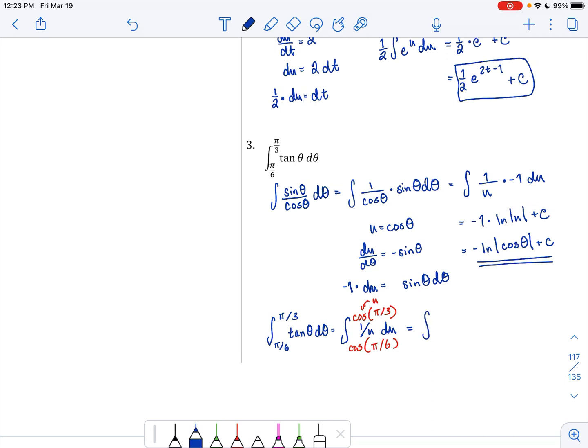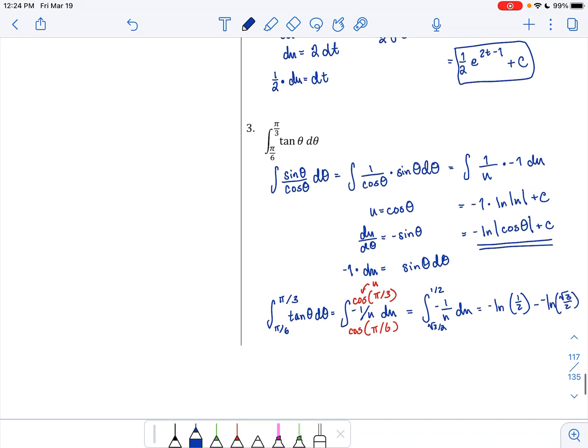So this becomes the integral of negative 1 over u du from root 3 over 2 to 1 over 2, which is equal to negative ln of 1/2 minus negative ln of root 3 over 2.